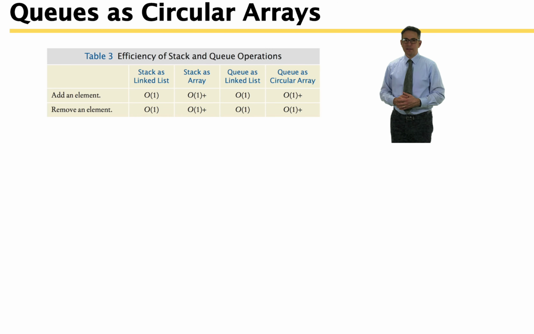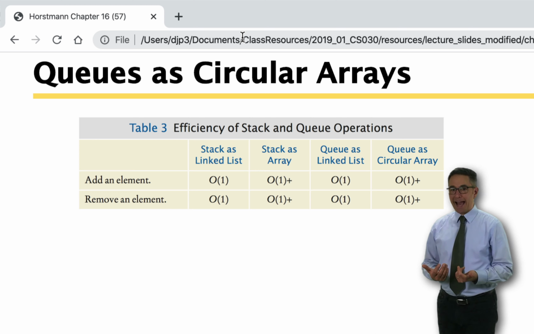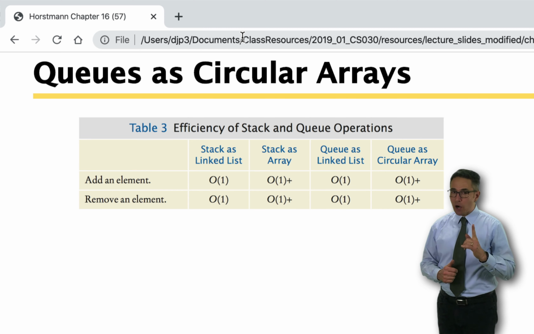If we do this, then the efficiency of our different implementations is comparable. If we implement a stack as a linked list, things coming off and going on the beginning of our linked list, both of those operations are constant time. If we implement our stack as an array, and we're smart about where we put things on and take things off, and we do it at the back of our array, then it's also an order 1 operation, constant time for both of those, with a little footnote.